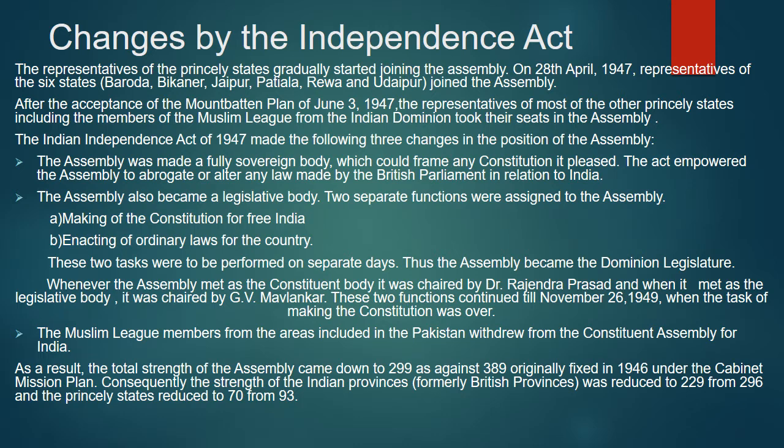The Muslim League members from the areas included in Pakistan withdrew from the Constituent Assembly of India. As a result, the total strength was now decreased to 299, which was originally 389 under the Cabinet Mission.